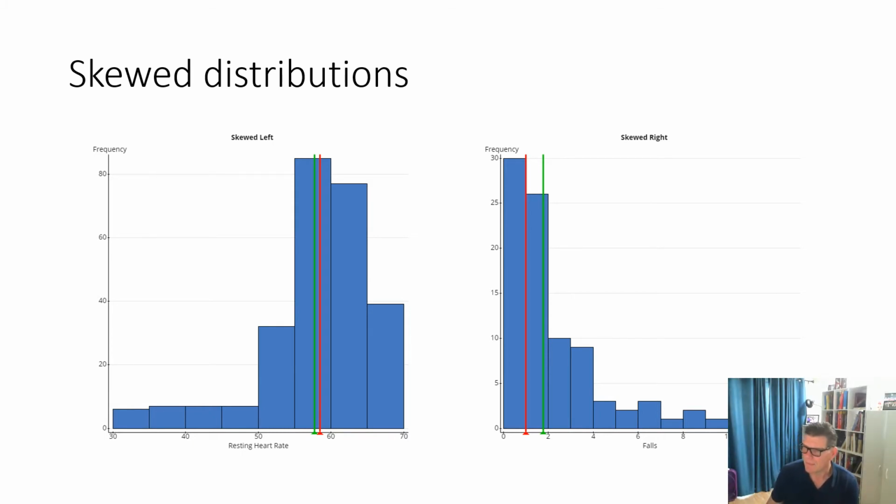And what that is essentially saying is that these smaller values have a big influence on the value of the mean, and so that mean, which is the sum of all of our values, gets pulled in that direction. And so hence that gives us skewed left. Skewed left, we're pulled in the leftward direction.